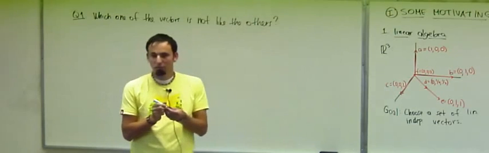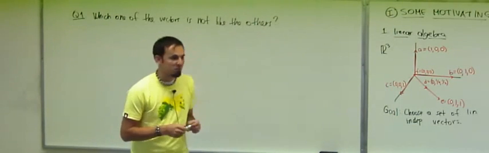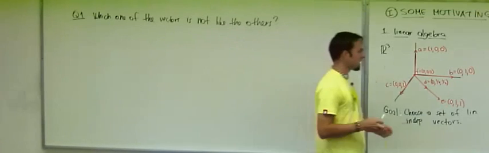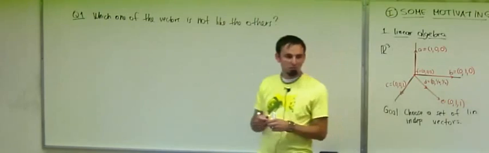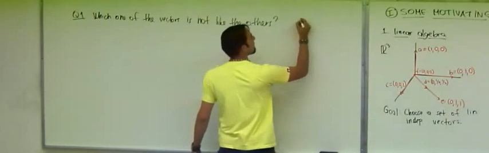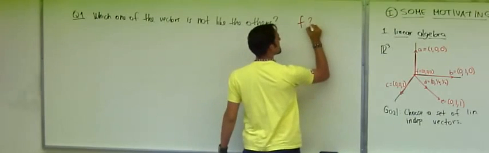What do you think? F. Some of you say F. Would any of you say something different? You might have different reasons for giving me a different answer. I could say A.